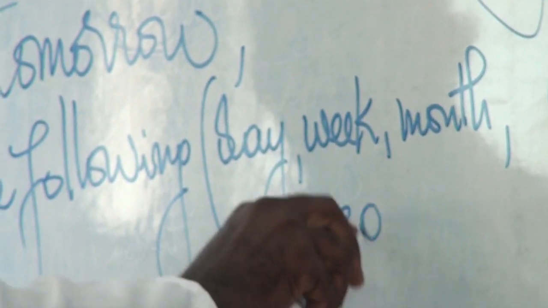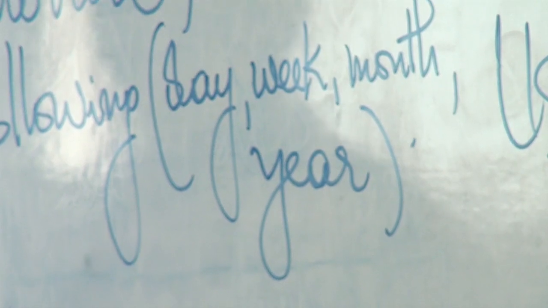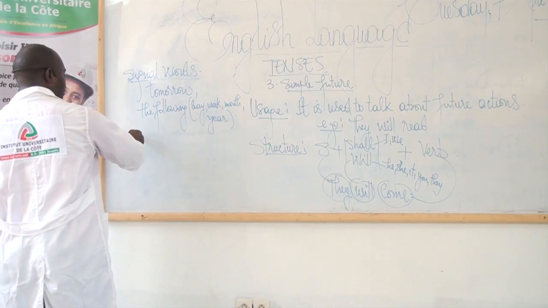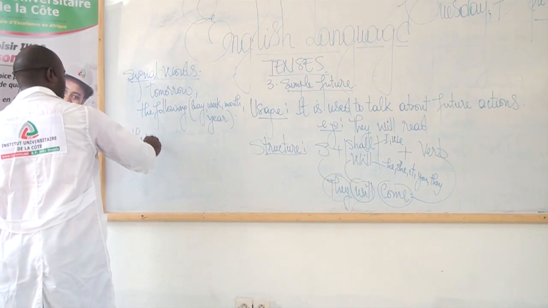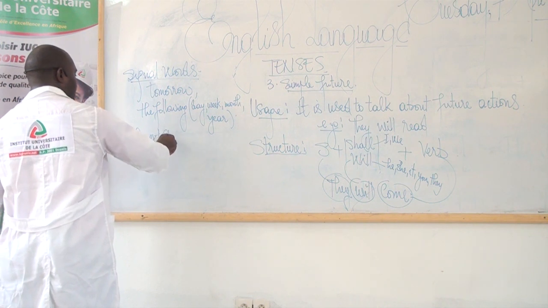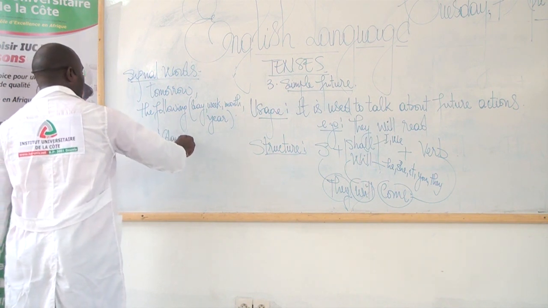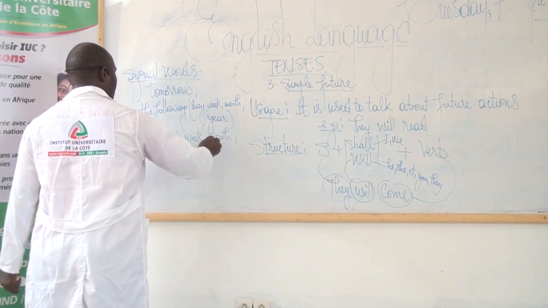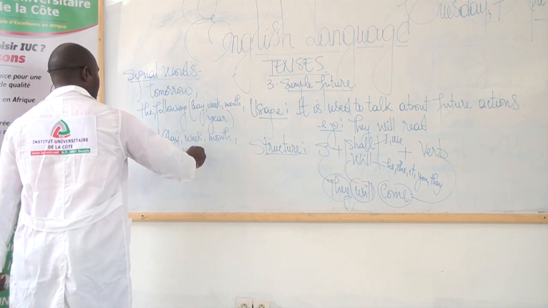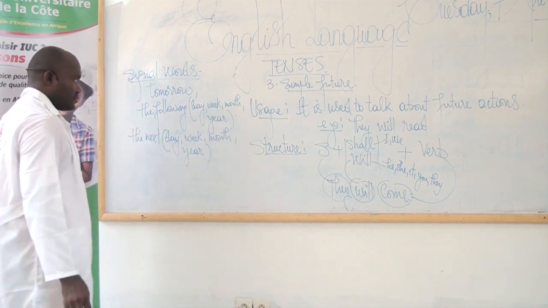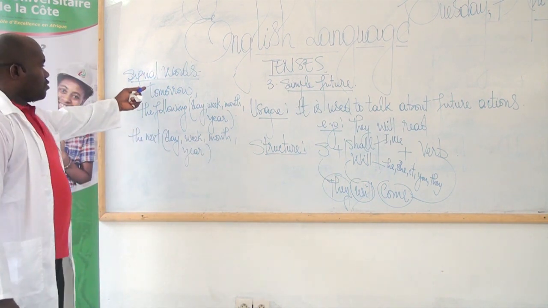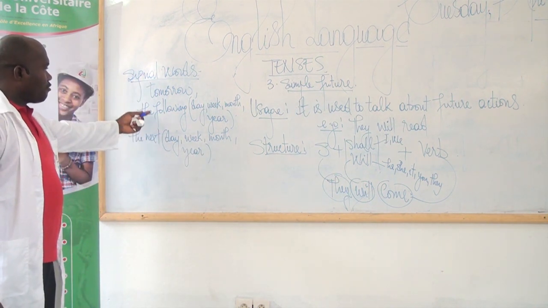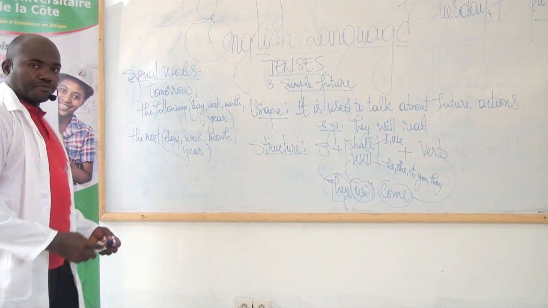And of course, it can be the following year. We can have the next. We can say the next day. We can say the next week. We can say the next month. We can say the next year. So these are some signal words of the simple future.